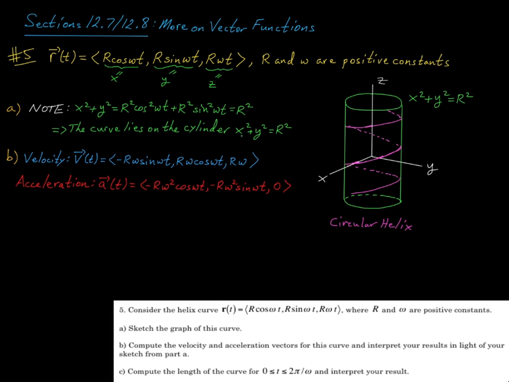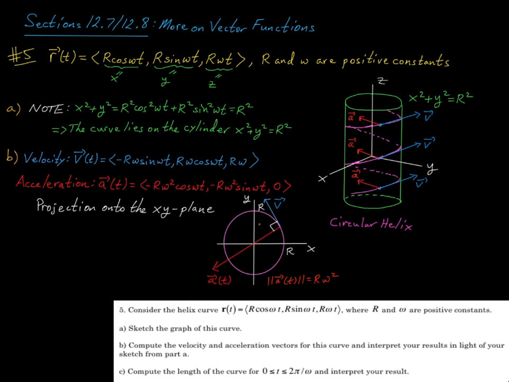Alright, so now it says to interpret your results in light of your sketch from part A. Well, to begin, let's think about projecting everything onto the xy plane. If I look at the acceleration vector, note that the i and j components of the acceleration vector are the same as the i and j components of our position vector, except we have this factor negative omega squared in front.